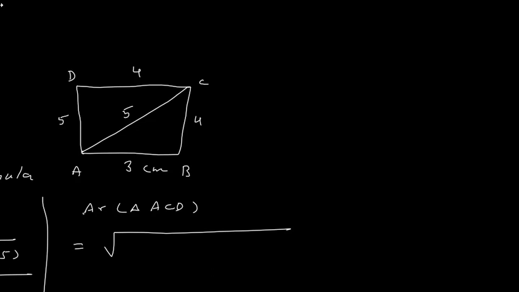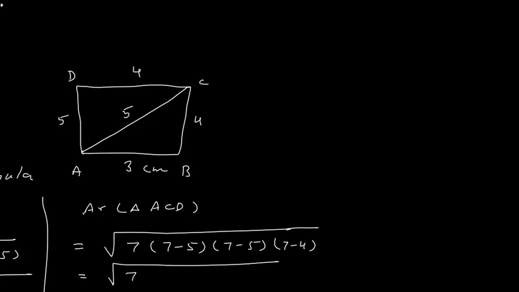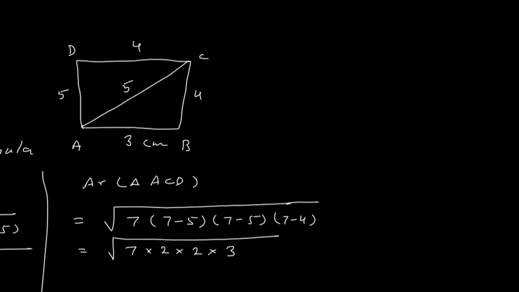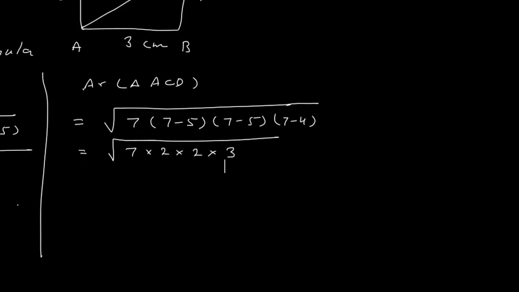So it is 7 into 7 minus 5 into 7 minus 5 into 7 minus 4. This gives you 7 into 2, 2, 3. So I will take 2 out, 2 root 7 3s are 21. So area of triangle ACD is 2 root 21 centimeter square.